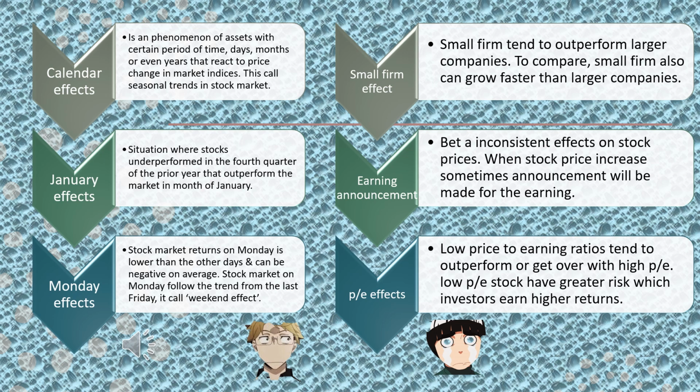On the other hand, low PE stocks have greater risks, which is why investors earn higher returns than with higher PE stocks. So that is the concept of the PE effect.